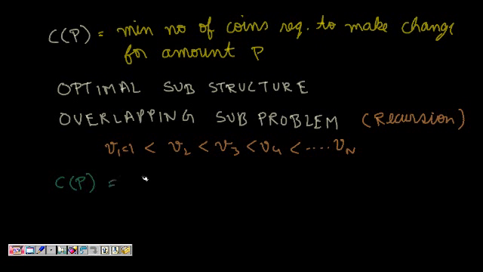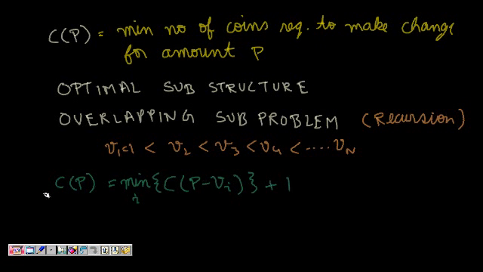So C of P is the minimum number of coins required, and it is equal to the minimum over all i of C of P minus V of i, plus 1.